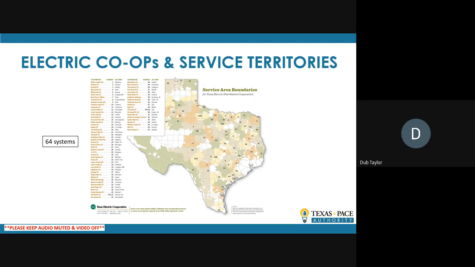However, some do have commercial incentives, and some have, in some cases, maybe not a direct advertised rebate per se, but it could be a custom financial incentive program tied to strategic reduction in energy consumption in different locations within their service territory. So it's a little tougher to navigate electric co-op offerings, but there are some that certainly could apply to PACE projects.